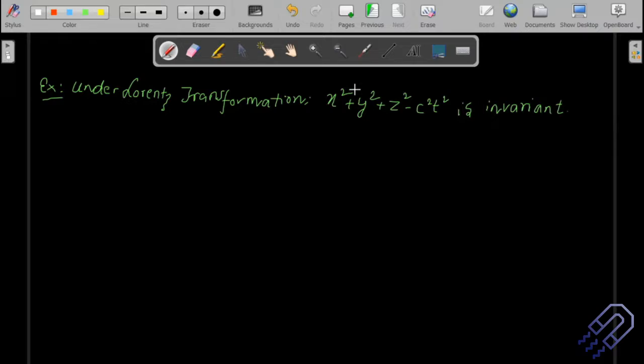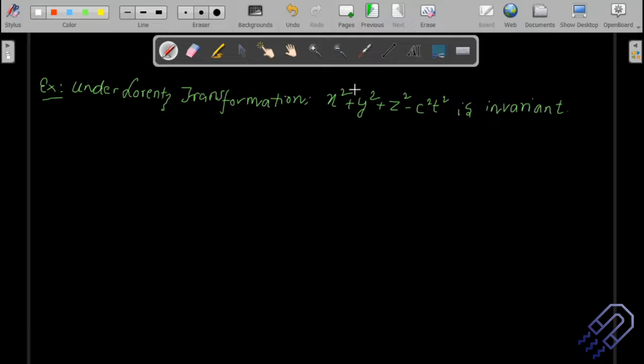Before I do it, just give me a moment. Think about this question and try to answer it. How will you show it to be invariant?